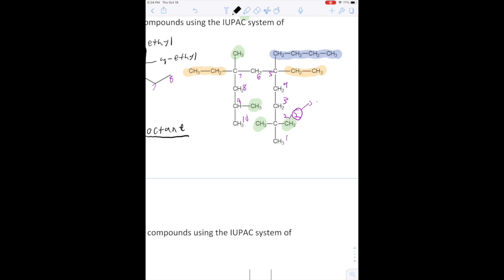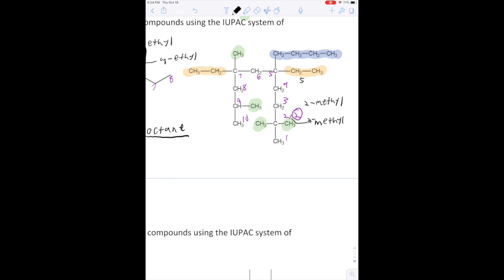So this is the methyl. And there's another methyl. That's 2,2-methyl.